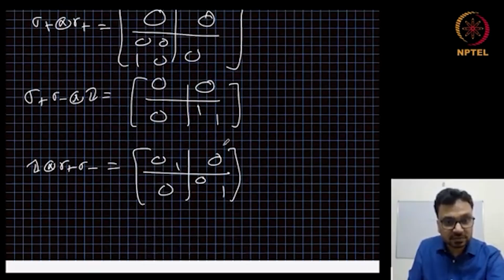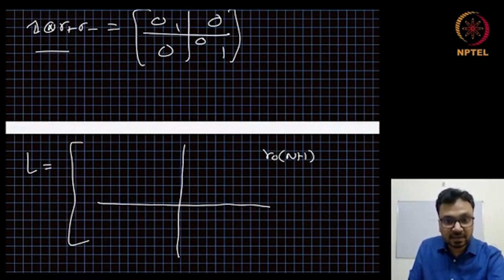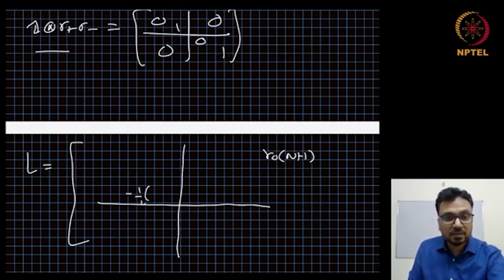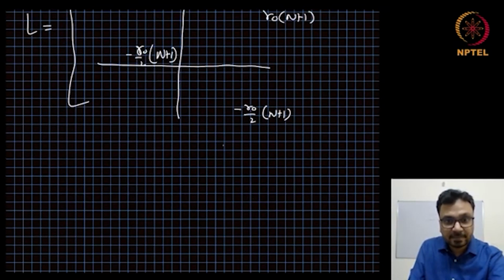So we are left with minus gamma naught (n plus 1) over 2 and minus gamma naught over 2 (n plus 1), from this term, and similarly from the other term.